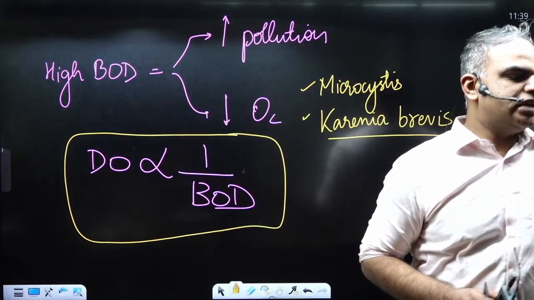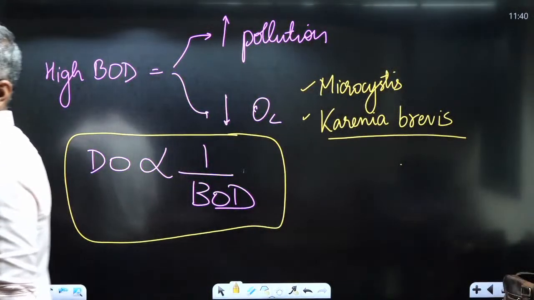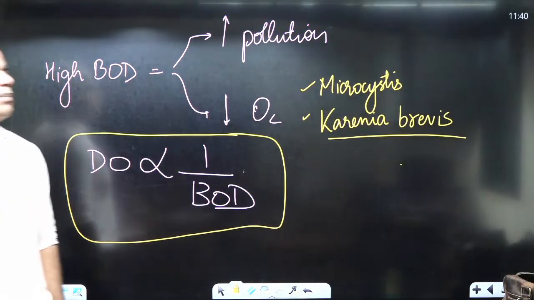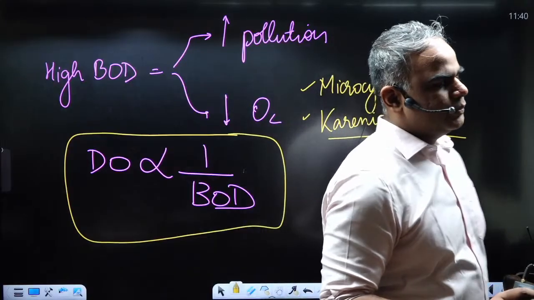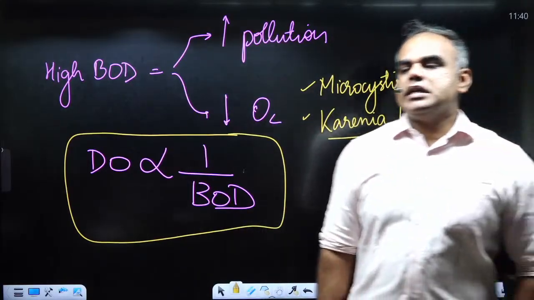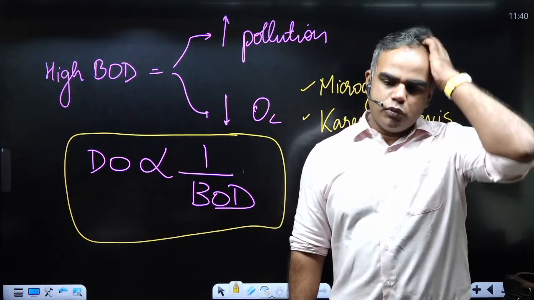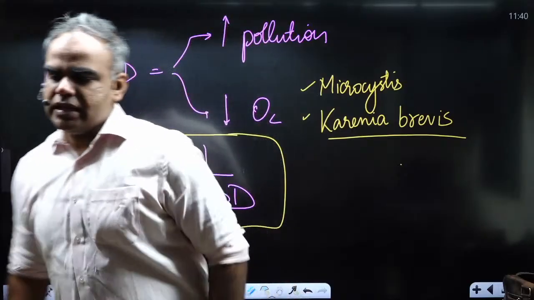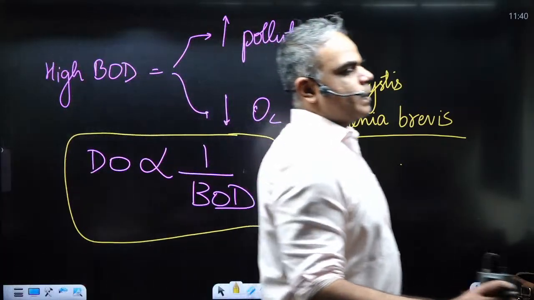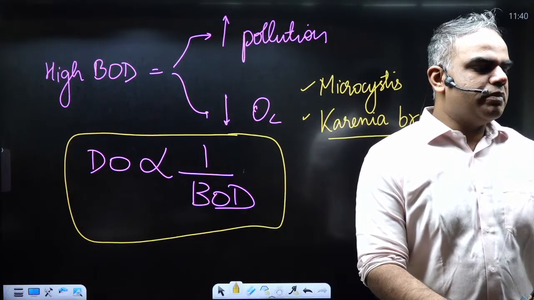Second example you can write cyanobacteria blooms. Cyanobacteria blooms in Lake Erie, USA, comma, Bellandur Lake, Bangalore.